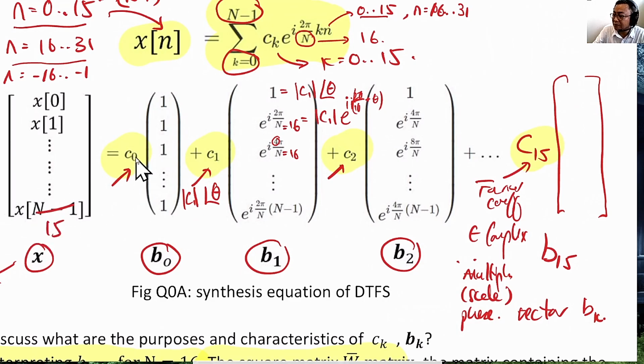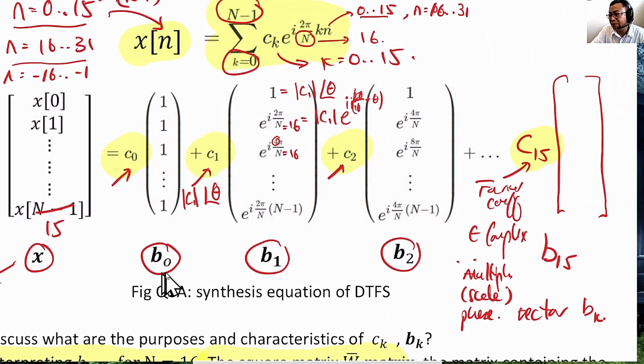So for example, if c0 is a very large value, then we know that this vector x is very near or very similar looking to this constant 1 times this scale. So this is the purpose, which is the Fourier decomposition of a vector into these complex exponentials. And the c's will tell us how much, as in the scale, and the phase shift that will be needed for each different frequency.